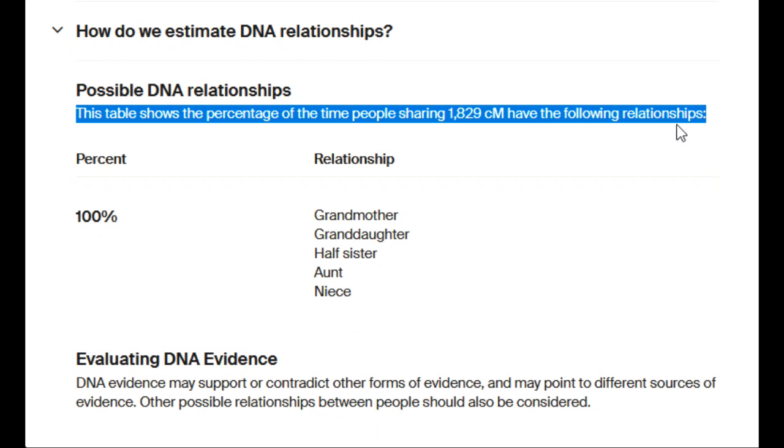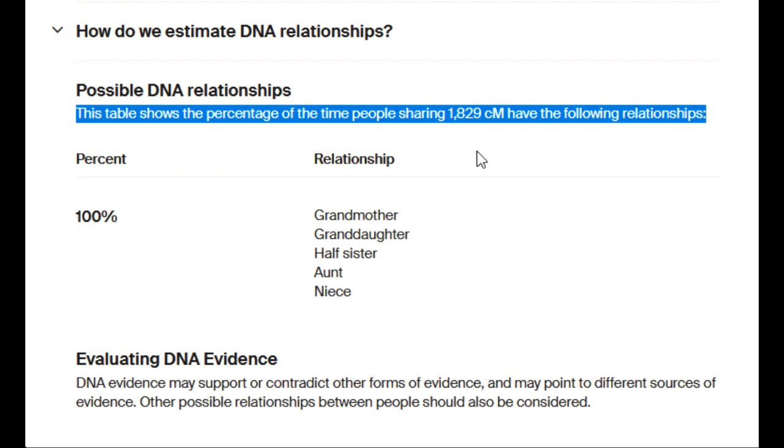With that being said, Ancestry uses the Timber system. They also vet against the information they get from people that have tested with them, which is millions.